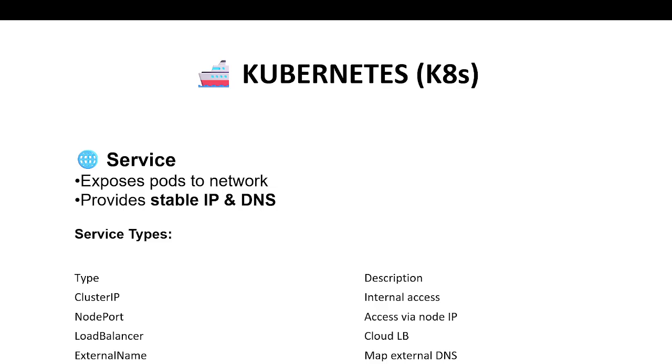NodePort is useful for access via node IP. And LoadBalancer, a cloud load balancer. ExternalName maps external DNS. So if any external DNS is there, we can map it with ExternalName.